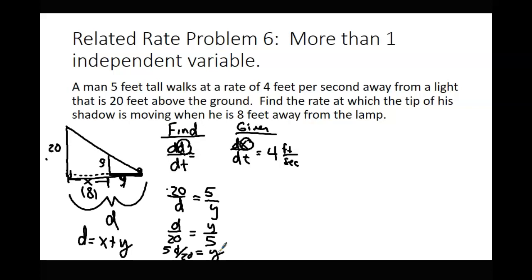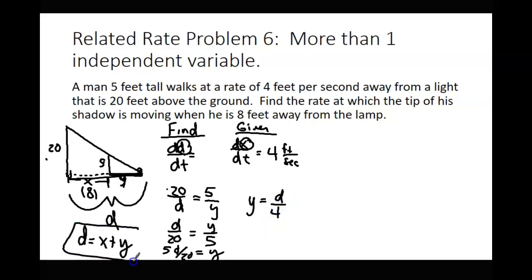Why did I flip it? I want to get y by itself, and I thought it would be easier if we flipped it over. Are you allowed to simplify the 5? Yeah. So what does y equal, guys? D over 4.